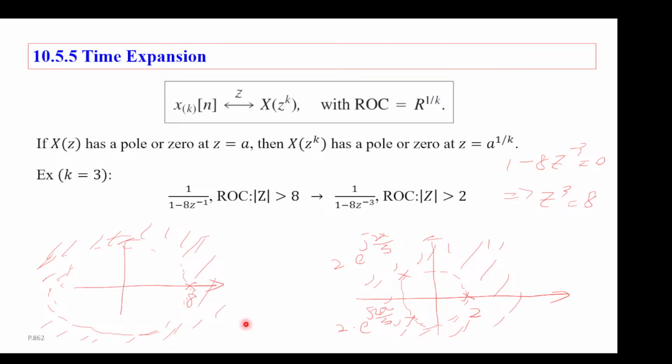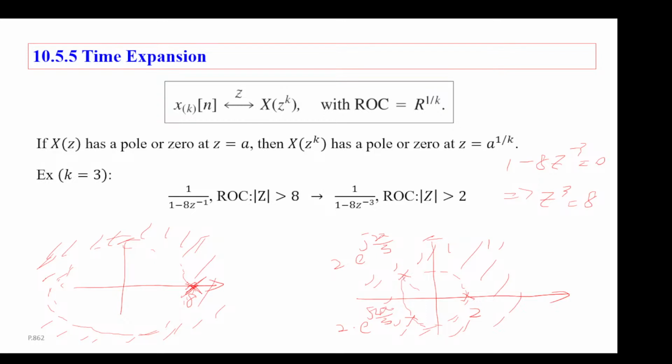Also there is this funny thing where you compress and copy. You had a pole at z equal to 8, and now you have a pole at z equal to 2, but you also get a pole at z equal to 2 times e to the j 2 pi divided by 3 and 2 times e to the j 4 pi divided by 3.